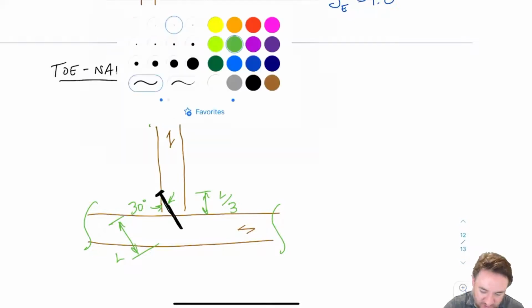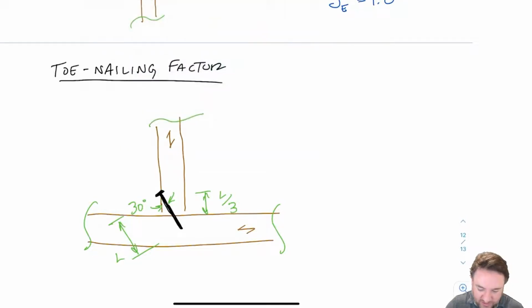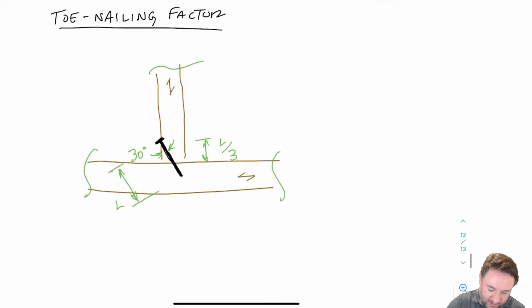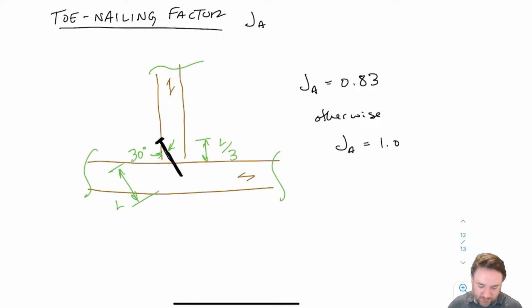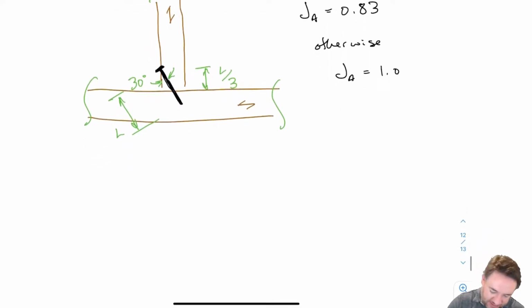If I toenail like this, it's going to be stronger than nailing into end grain. I will still apply a reduction factor of 0.83 on my strength, because I'm not doing totally side grain shear. Otherwise, we're going to use a factor of 1.0. Next one is the nail clinching factor.